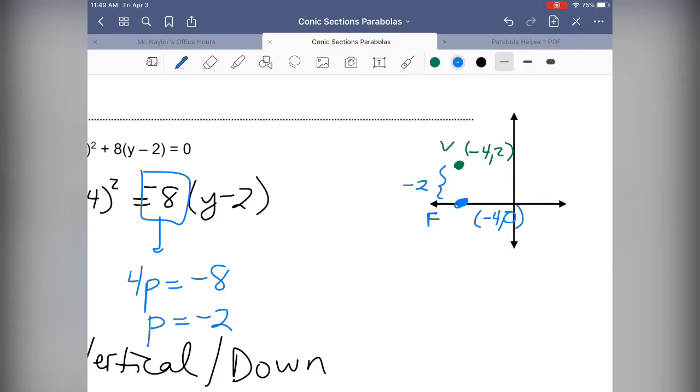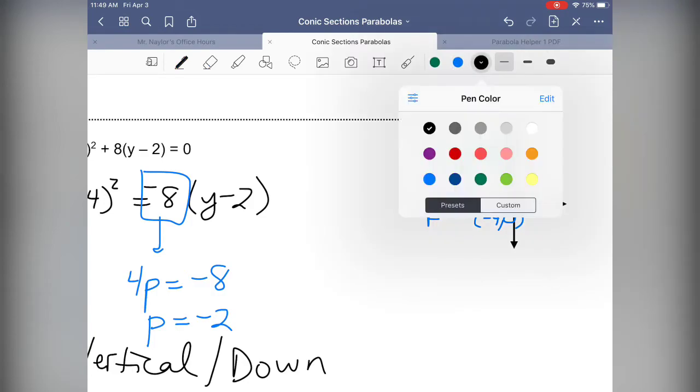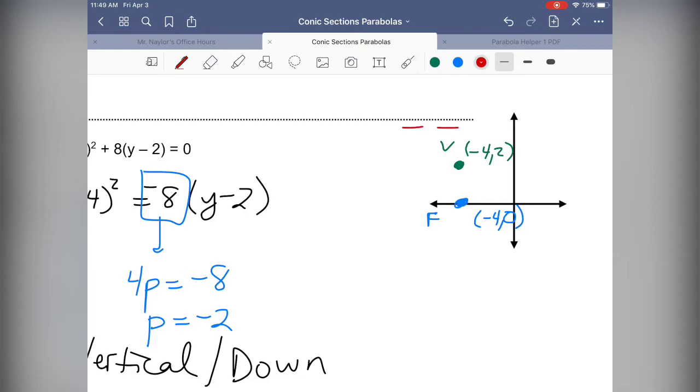I'm still, of course, at -4. So we have the focus, and we can even go backwards, back up to the directrix, because we know that's going to have to be on the outside of this parabola, which you certainly can draw whenever you're ready. I'm going to label this directrix as y equals positive 4 because I moved 2 units the other direction.